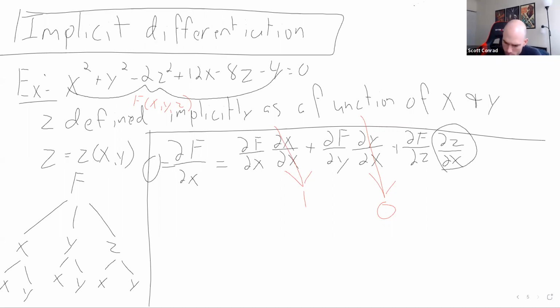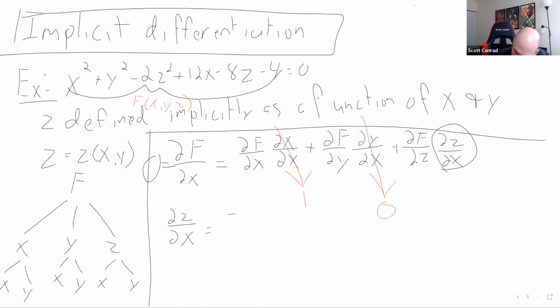Okay. So we want to get dz dx by itself. We have the partial of F with respect to x times 1, because we know dx dx is 1, plus 0, plus the partial of F with respect to z times dz dx, is equal to 0. We just bring things over and get dz dx by itself.